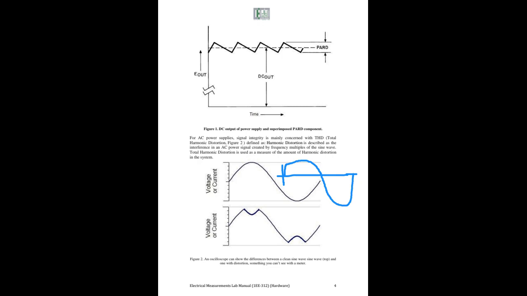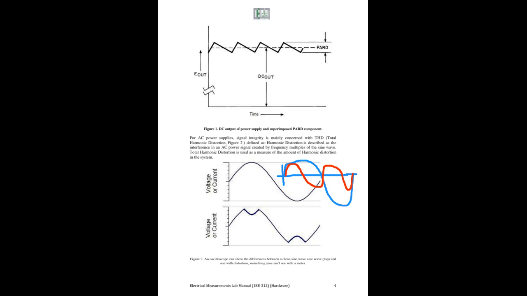So like this, we will have different waves. Some waves will be having three cycles like this. So if we have an even number of cycles, it is called even harmonic, and if we have an odd number of cycles, it is called odd harmonic.